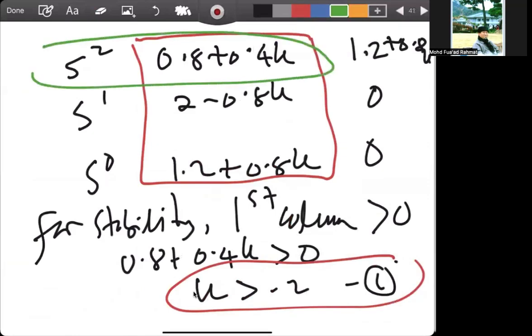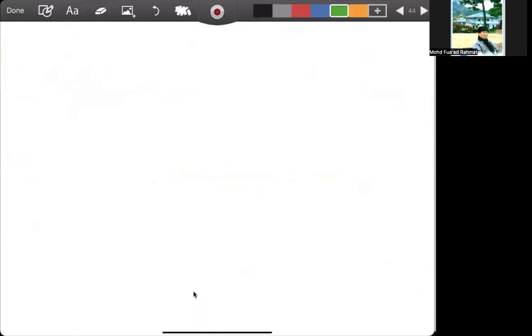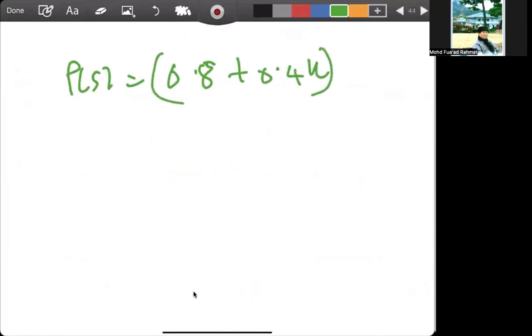Okay, you choose this polynomial, which is PS: (0.8 plus 0.4K) S square plus (1.2 plus 0.8K).